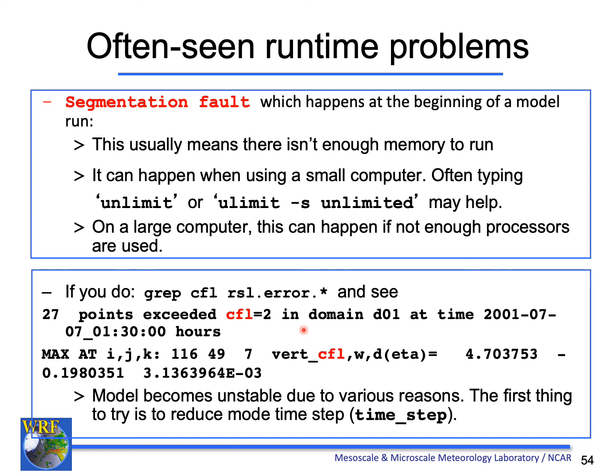The prints do provide us the grid locations where this happens. If the condition persists, the model can abort. A common solution to this problem is to reduce the model time step. If it doesn't help, there may be more serious problem with the data and/or the model configuration.